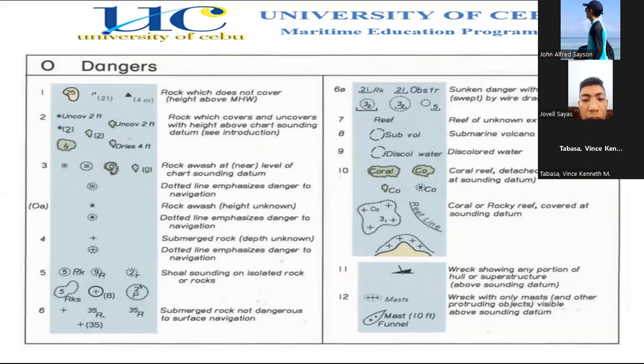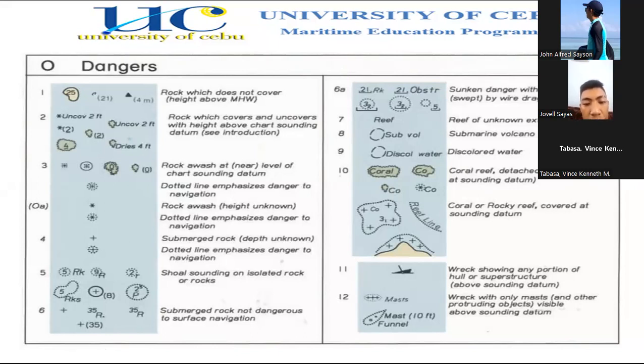Second is rock which covers and uncovers, with height above chart sounding datum. Three, rock awash at level of chart sounding datum. Dotted line emphasizes danger to navigation. Rock awash. Dotted line emphasizes danger to navigation. Submerged rock, depth unknown. Dotted line emphasizes danger to navigation.